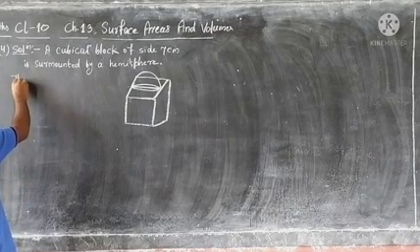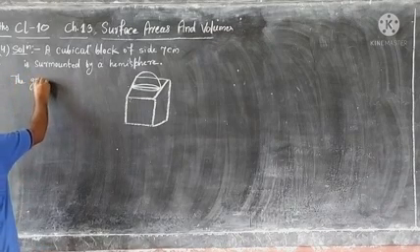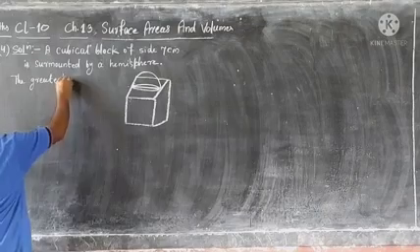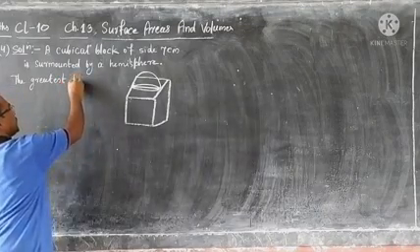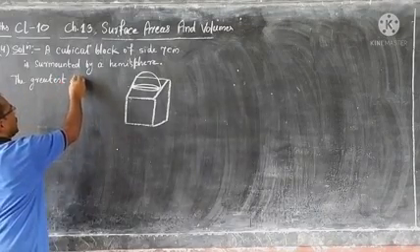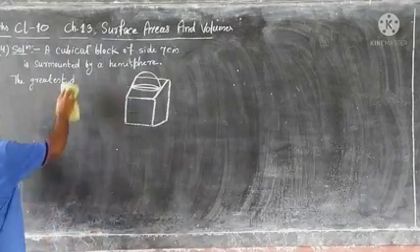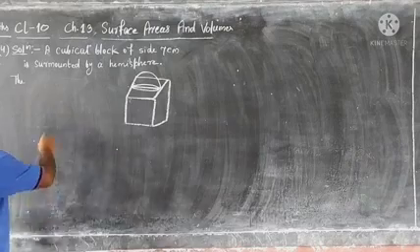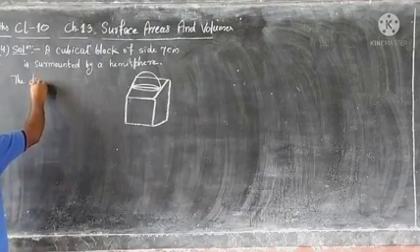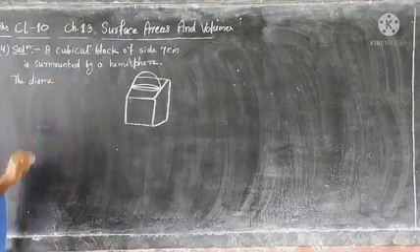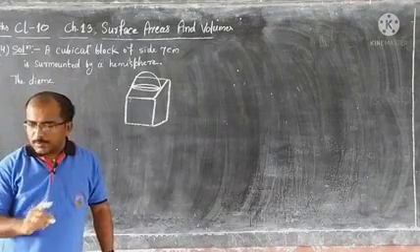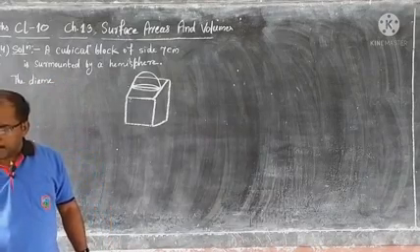So, we can say the greatest diameter, actually diameter is always the greatest chord of the circular portion. Once more let us read the question. The cubical block of side 7 centimeter is surmounted by a hemisphere.